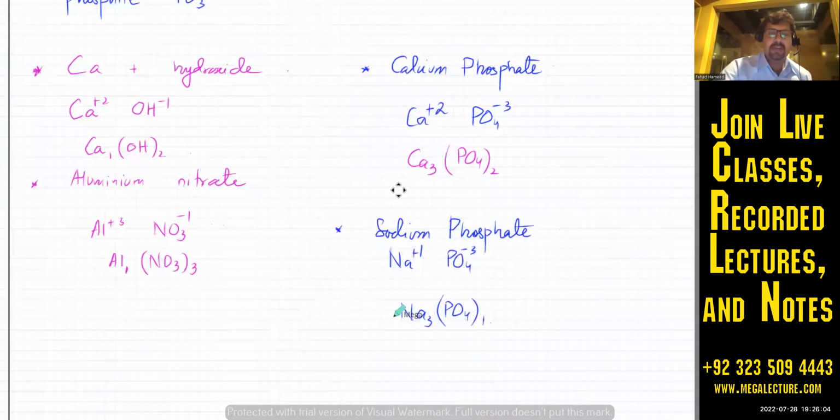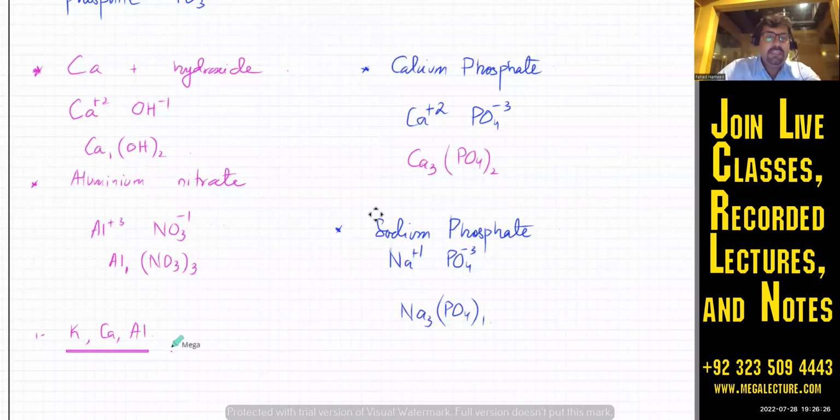I'm going to write down a few elements. So number 1, potassium. Number 2 is, let's say, calcium, and you have aluminium. So I've got these 3. Combine them with each one and make a formula with each one of them.